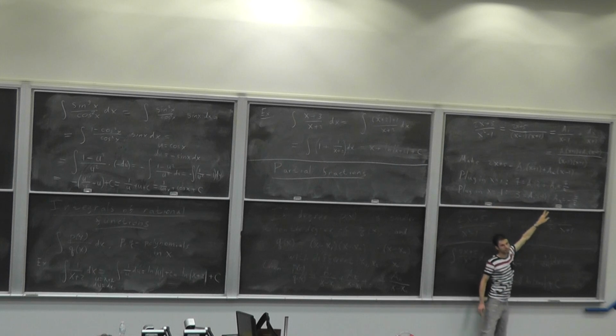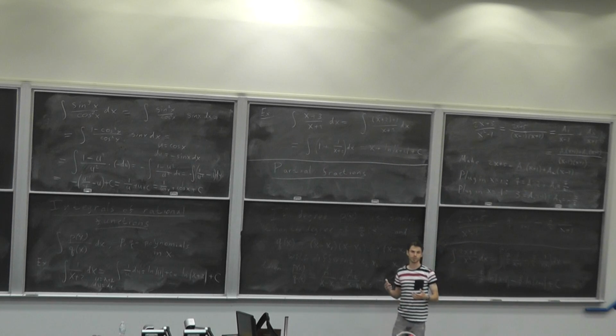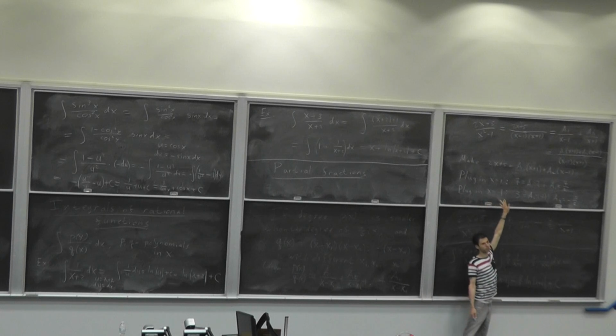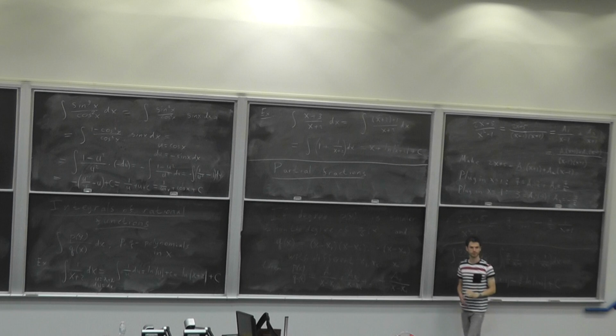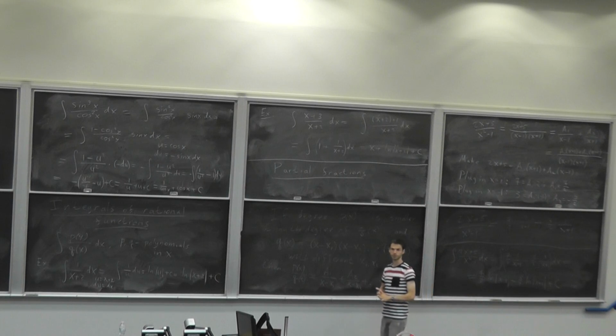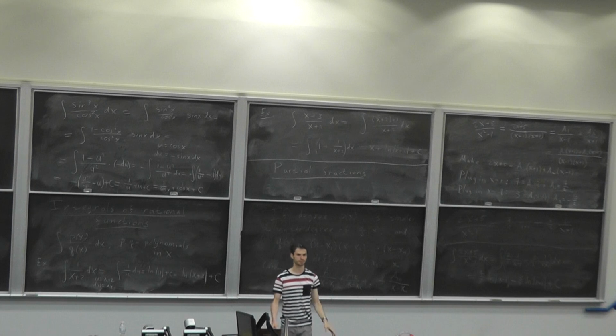That's what we did here. From here, try to solve for a1, a2, a3, and so on. And a convenient trick is try to plug in some numbers and make most of the terms there 0. So we'll see an example in a second. First, questions about this one?